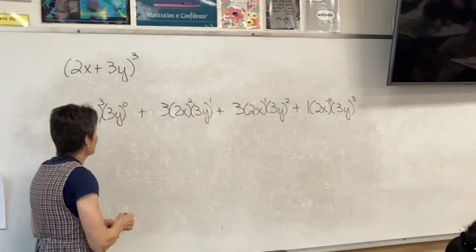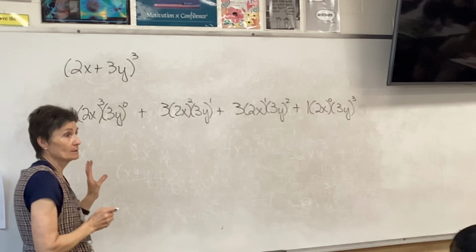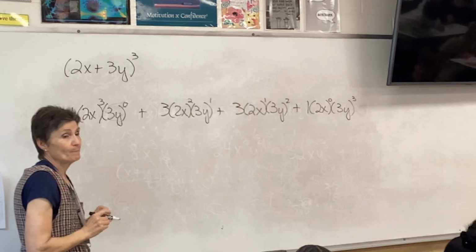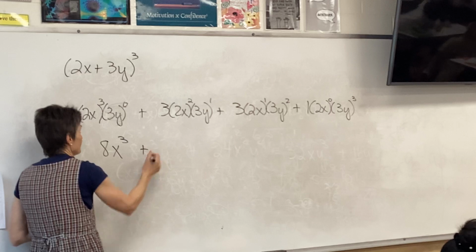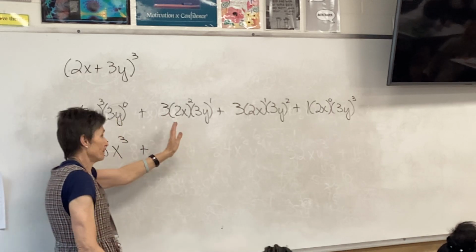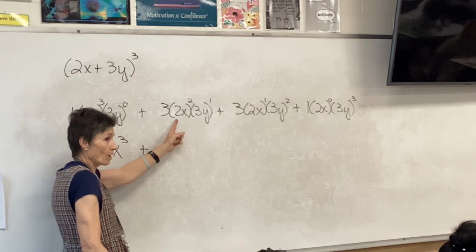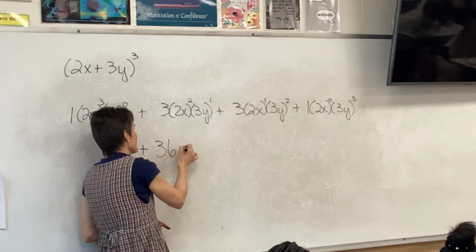Here we go. Now remember, anything to the 0 is 1, so that's like not there. What's my first term? 8x cubed. Perfect. All multiplication. 36x squared. 3 times 4 times 3. So 36 x squared y.